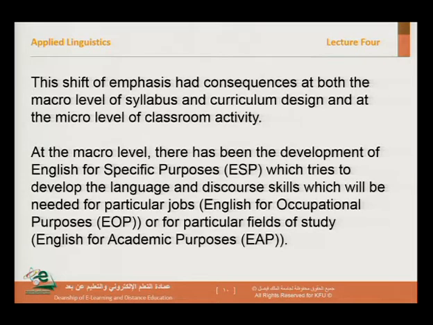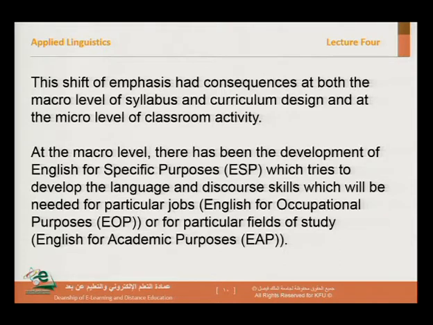If they are going to be, for example, doctors here in hospitals, I need to prepare them for English for medical students, or for English, for example, computer science, English for nurses, English for, let me say, for example, agriculture, people who are going to study agriculture, and so on and so forth, which tries to develop the language and discourse skills which will be needed for particular jobs.